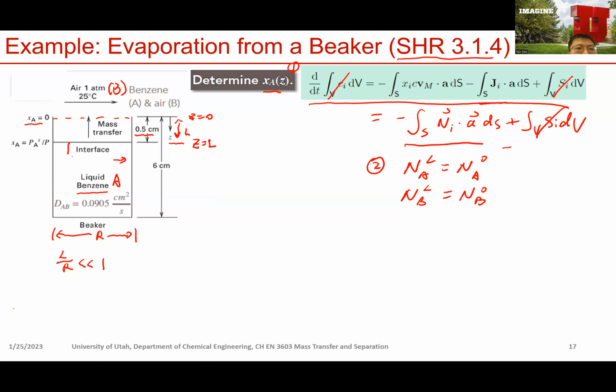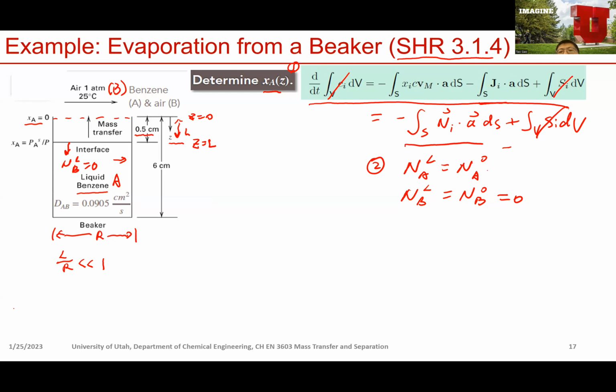So in this direction, at this point, NB is going to be 0, because liquid benzene cannot take any more air. It's already saturated with air, so the flux of air going into the benzene is 0. Again, we are doing steady state analysis. For transient state, the story will be different.